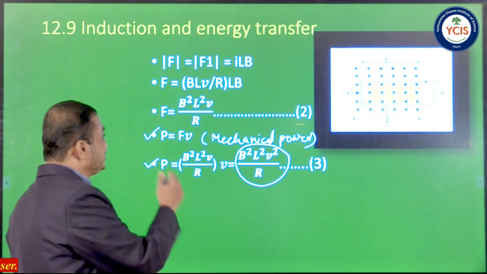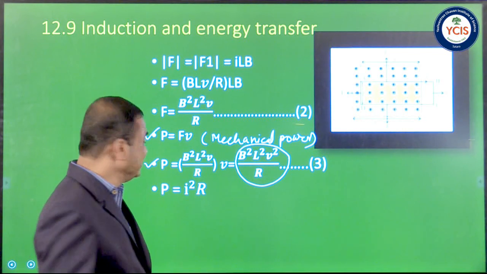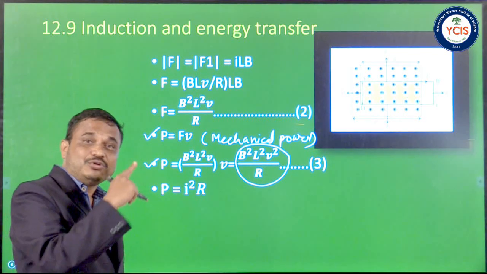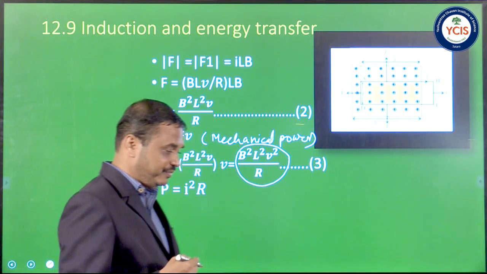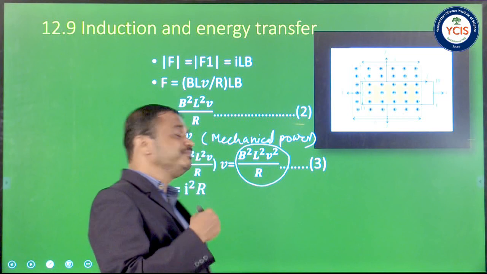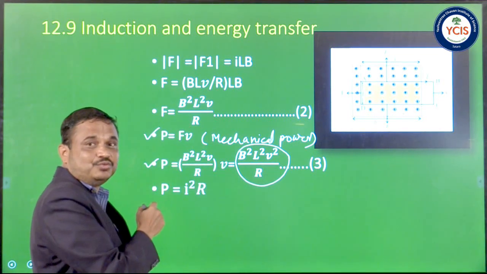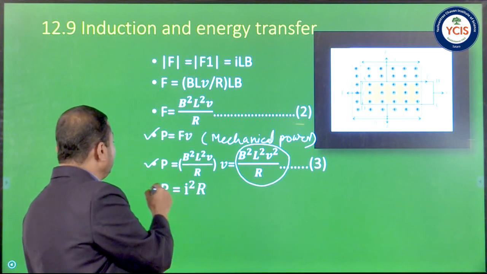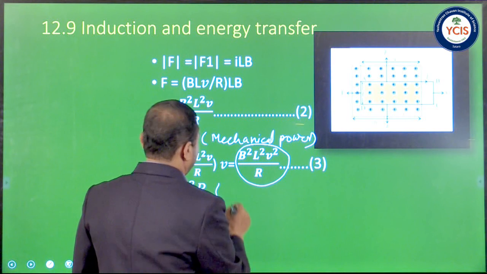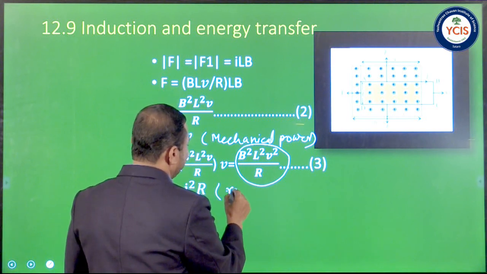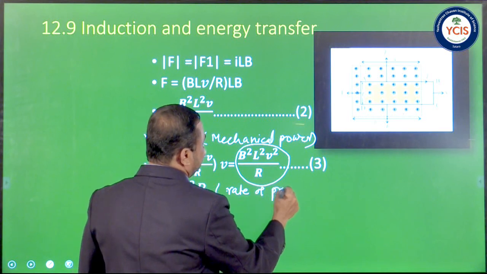But in the previous figure we see that this current I flows through that loop having resistance R. According to the heating effect of Joule's law, the current flowing through resistance R produces heat. The rate of producing heat is the heat power.